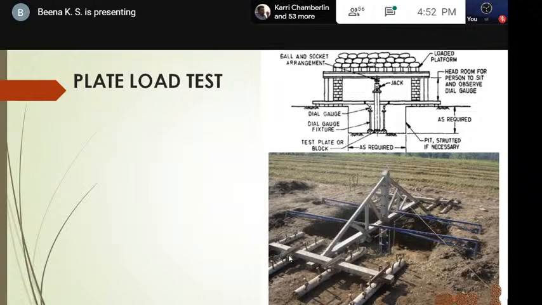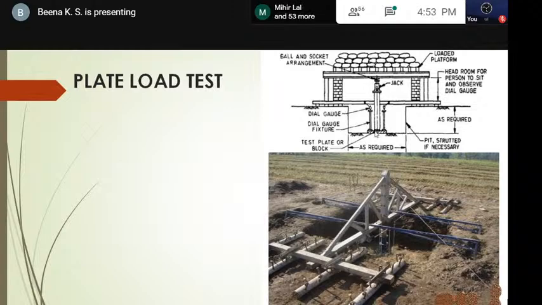Indian IS code 1888 gives the details of this plate load test, which prefers to use a plate of minimum 300 millimeter size, and it can be maximum up to 750 millimeter, depending on the type of the soil.